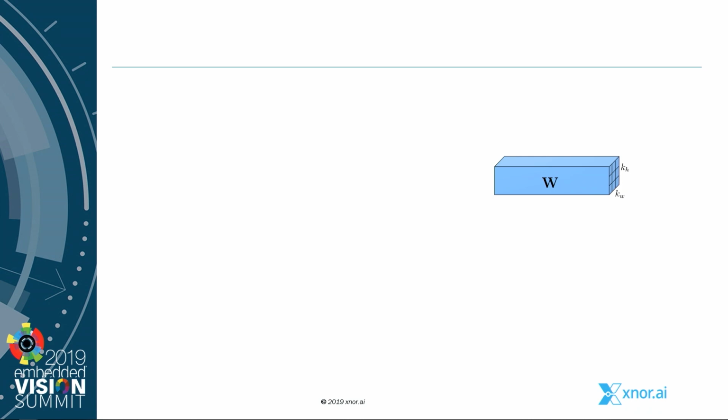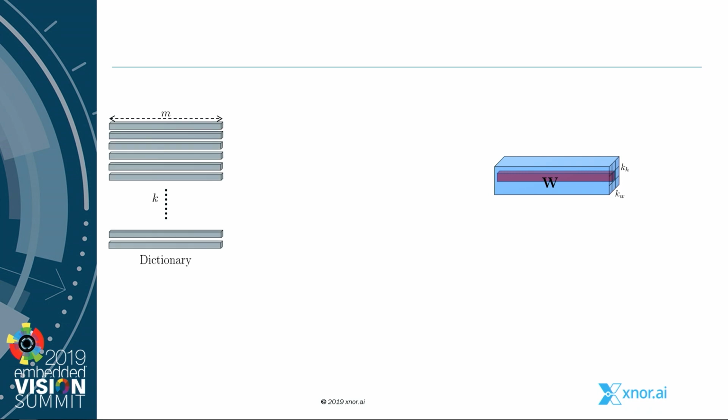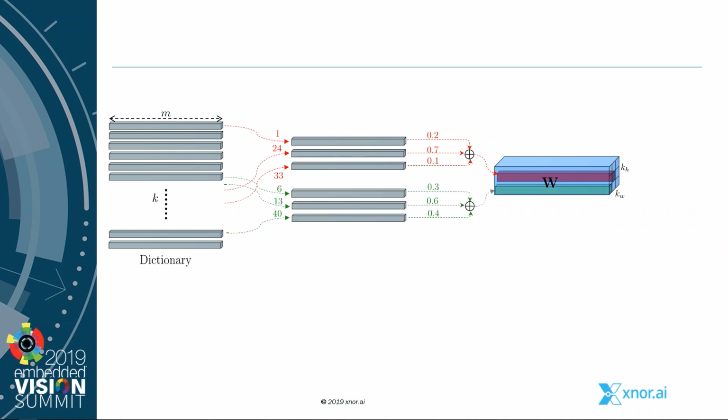If you look at one chunk of vector inside this filter, and if we believe there is a lot of redundant information, there has to be a set of these vectors that we can call dictionary vectors, such that any other vector can be reconstructed by a linear combination of a few of them. So any vector in a filter can be reconstructed from this dictionary with a few of them.